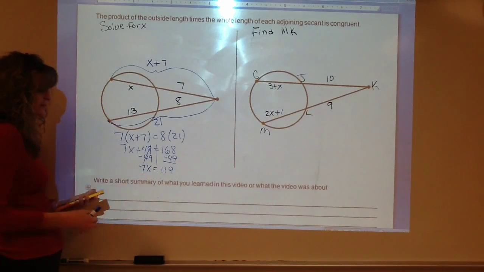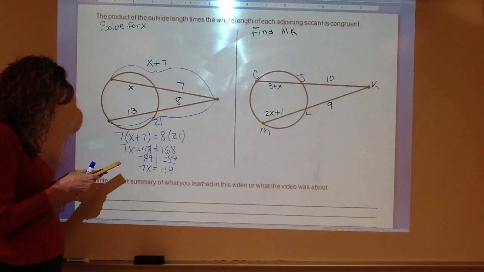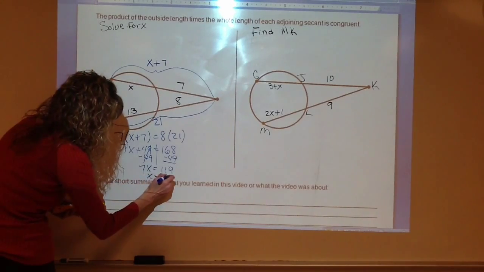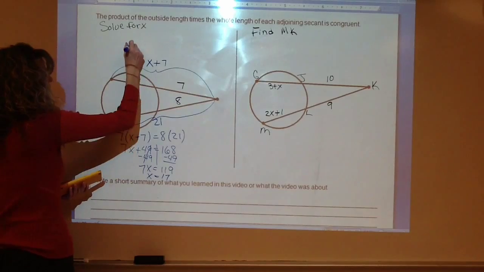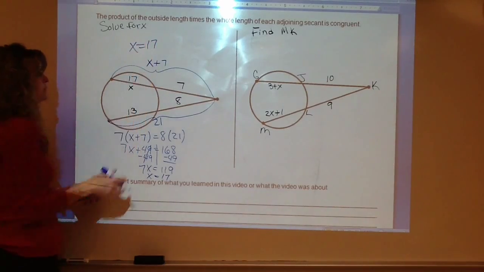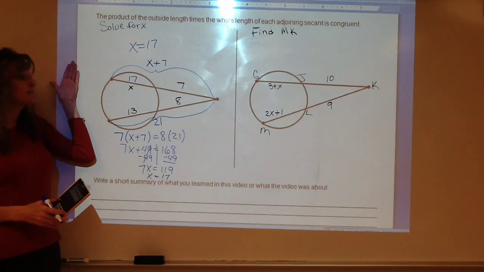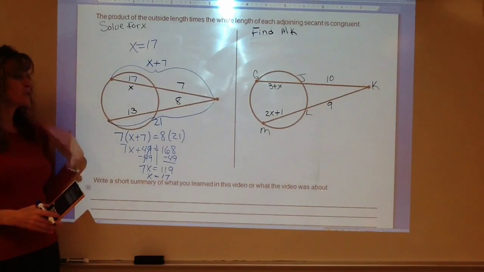So 7x equals 119. So now I'm going to divide by 7. And I get x equals 17. And I'm done because that's what the question asked me to do. The question asked me to solve for x, so I finished the problem.